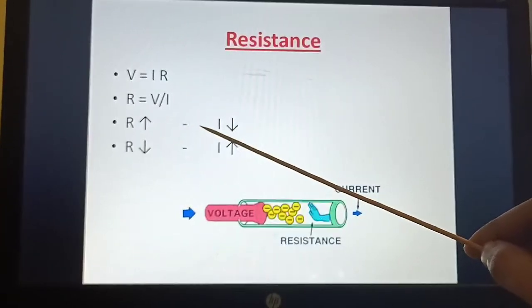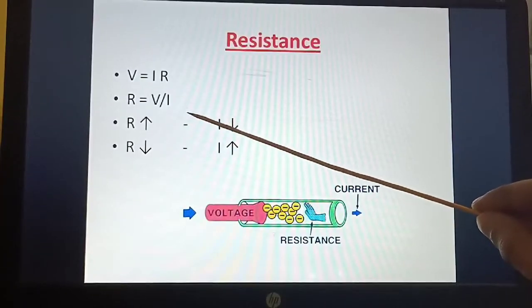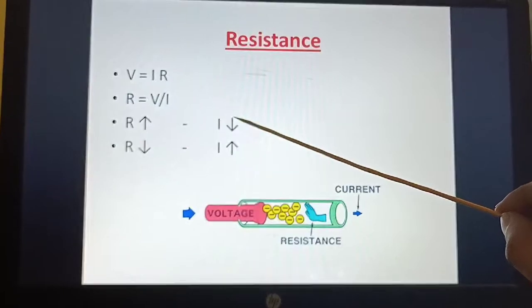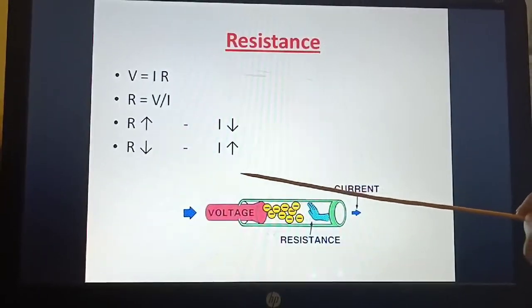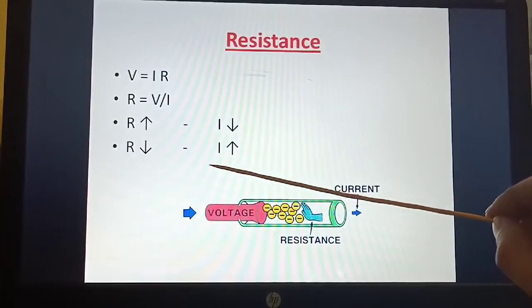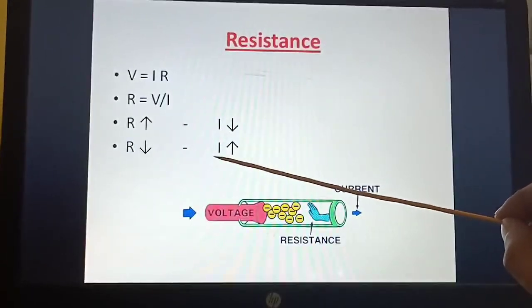When we assume the voltage to be constant, the resistance increases, then the current decreases. When the resistance decreases, current increases.